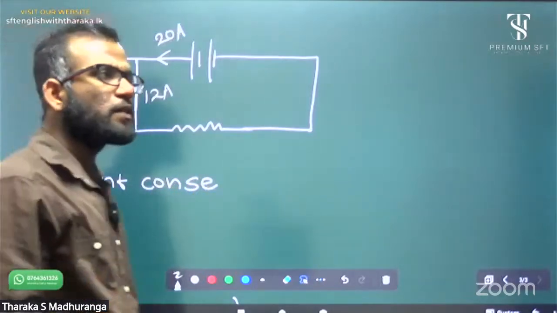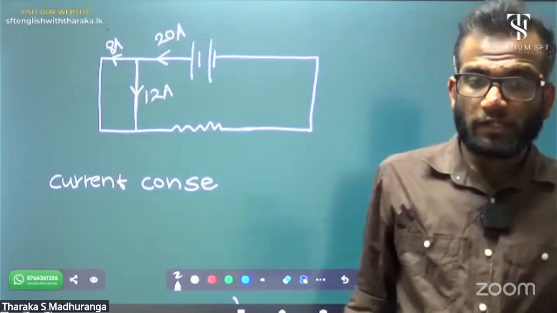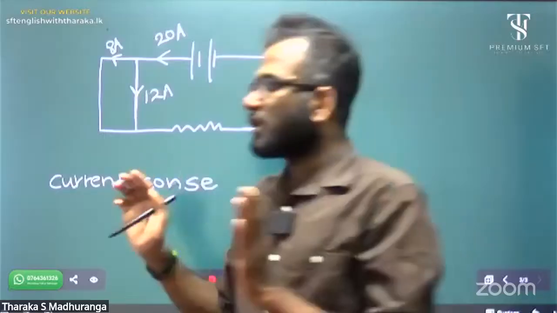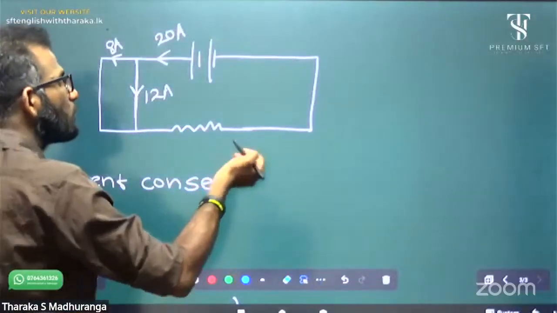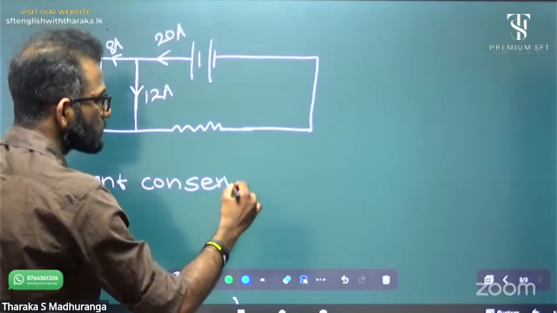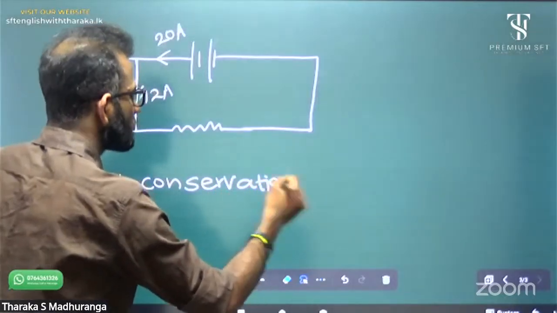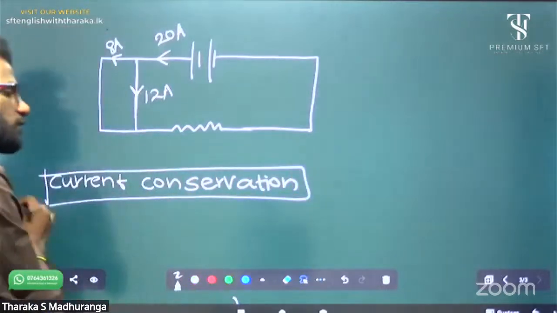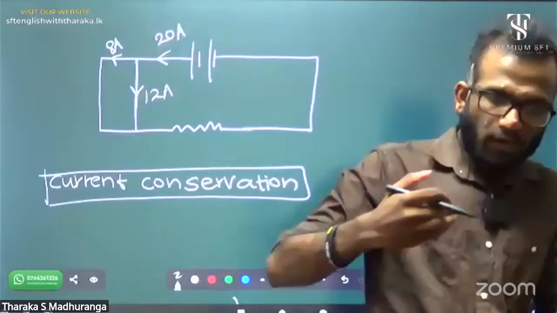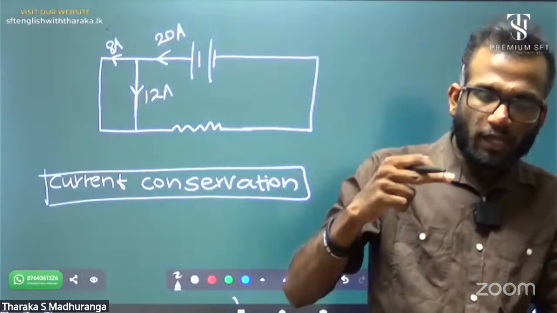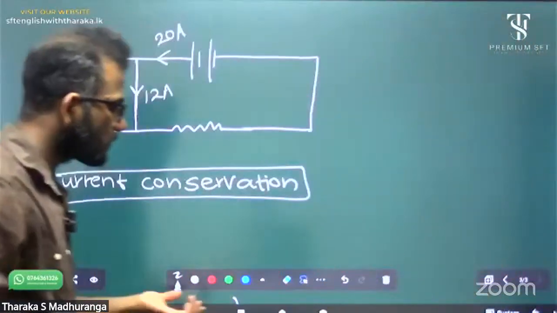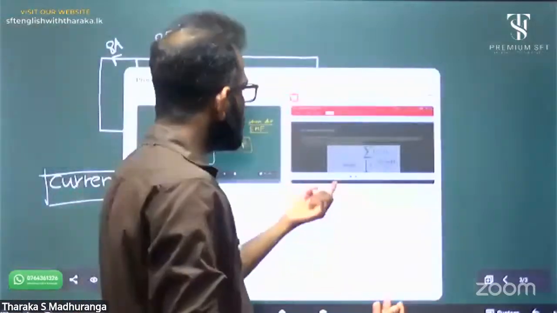We discussed in the work energy lesson, energy conservation. Energy conservation means energy cannot be created or destroyed, right? Similarly, current conservation. Kirchhoff's first law explains current conservation. The electric current flowing into the junction is equal to the current leaving out, with no destroying and no creating.